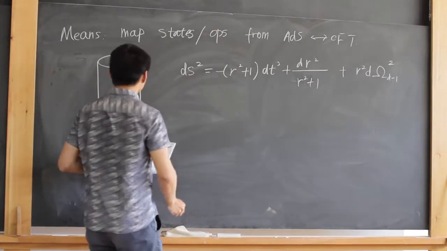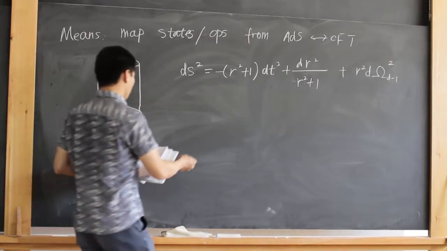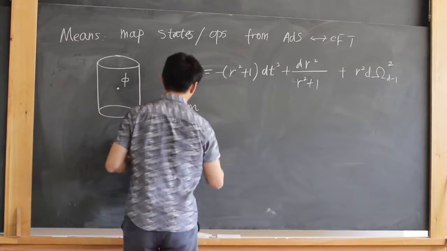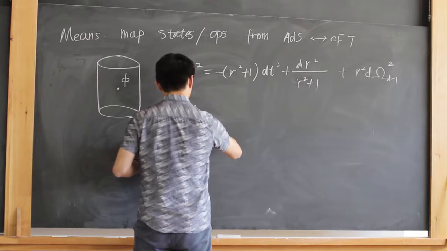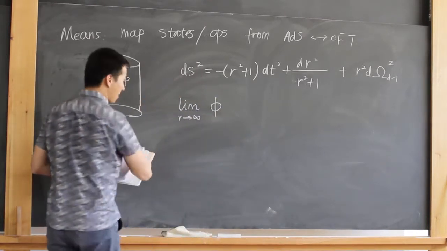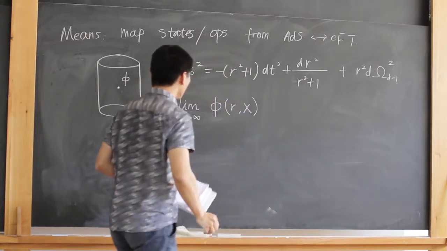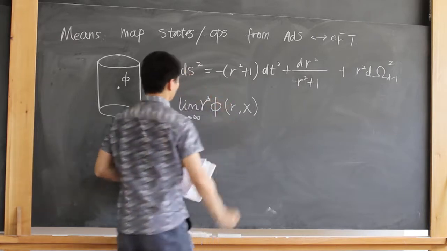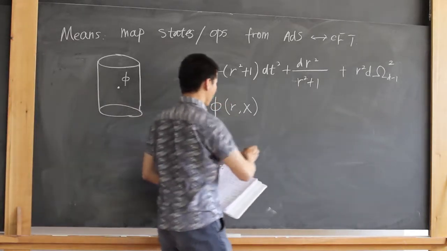So the dictionary, we know a little bit about the dictionary. In particular, for example, we can map operators from the bulk to the boundary. If we take a bulk operator like this phi, we can take the boundary limit, and we also need to extract the right boundary limit by multiplying by r to the delta there.